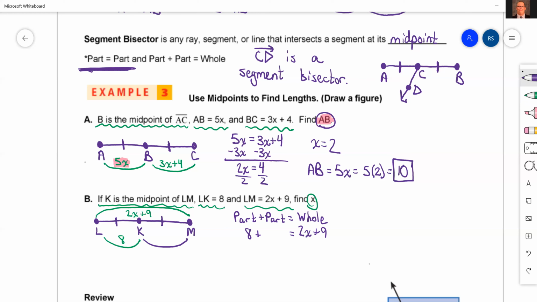Well, I know since K is in the middle, if LK is 8, KM has to also be 8. So that part's going to be 8 as well. Now let's solve. 8 plus 8 is 16.